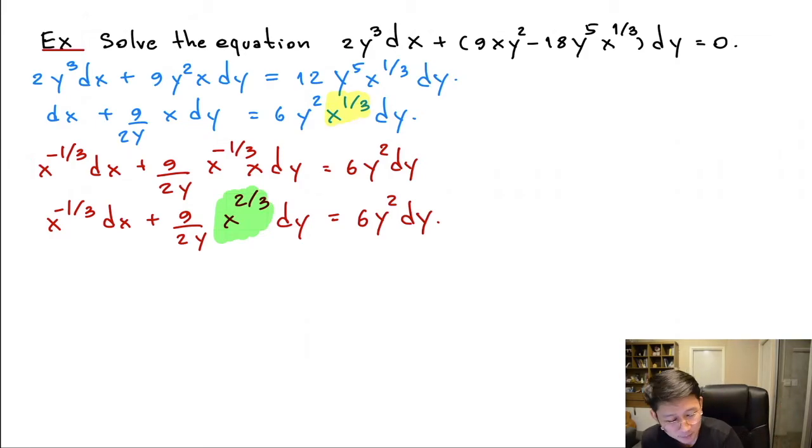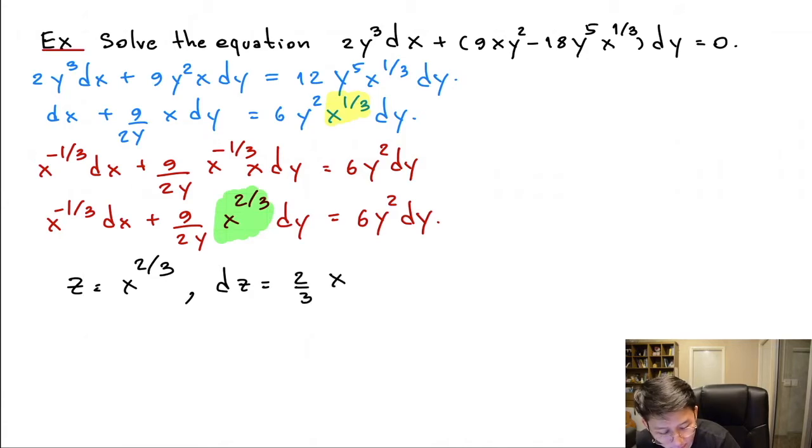Okay, so I let z be x to the power of 2/3. So dz is 2/3 x to the power of minus 1/3. Just minus 1, right? 2/3 minus 1, that's minus 1/3. And we have the x here. So guys, again, see, it's the same pattern.